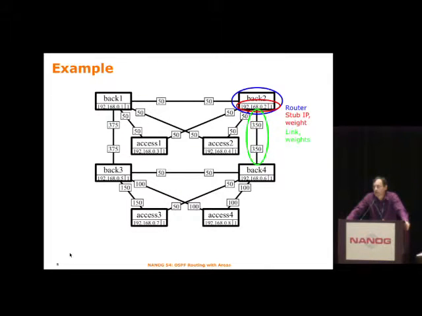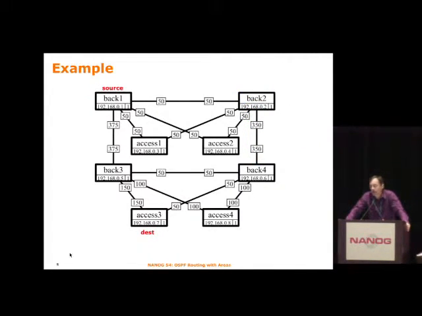The links between routers are the transit links, and the little boxes on the links are the configured OSPF weight or distance on those links. It's configured in both directions, but in all of the examples the weights will be symmetric, so you don't really need to worry about the fact that there are two weights on them.